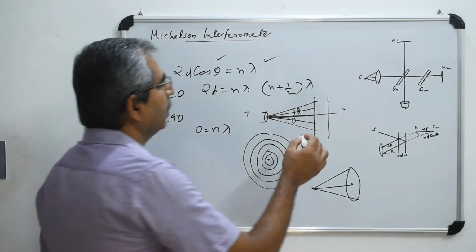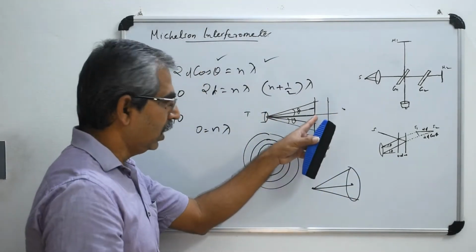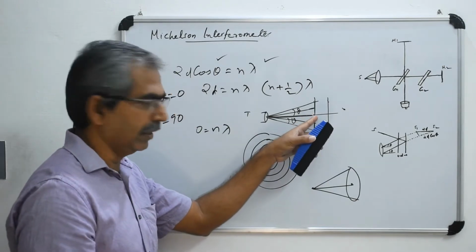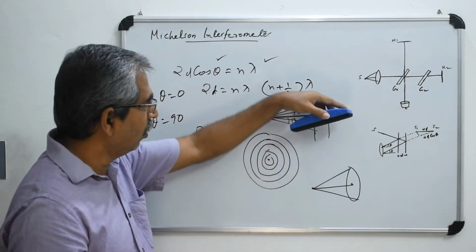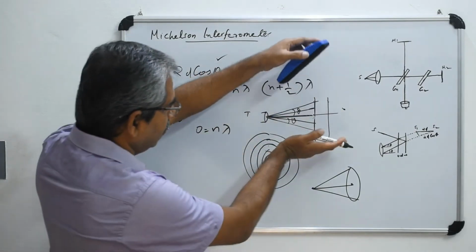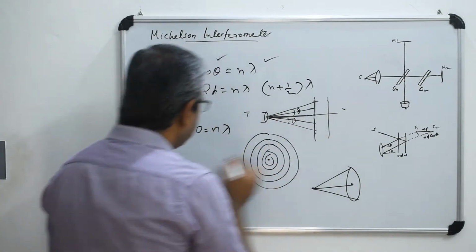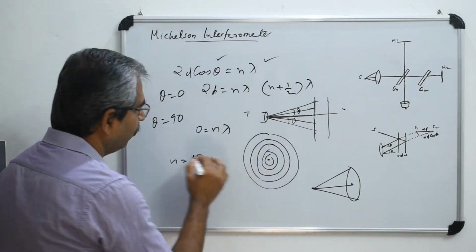So when you are putting the numbers, you have to put the maximum value of n at the center. Suppose altogether you can see 500 fringes in the field of view. That means at the center, the value will be n equal to 500.